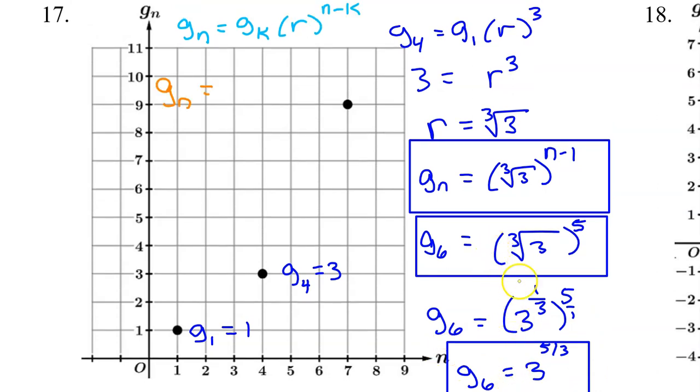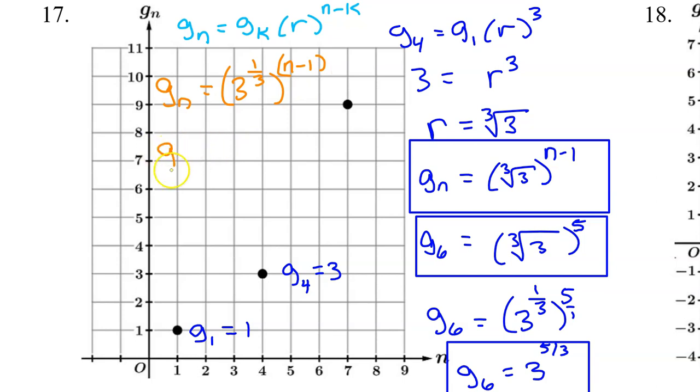While I'm showing answers in different forms, let me show you a different form for Gn as well. Again, using the fact that the cube root of 3 is the same thing as 3 to the 1/3 power, Gn becomes 3 to the 1/3 power to the n minus 1 power. And again, when you have a power raised to a power, you multiply.